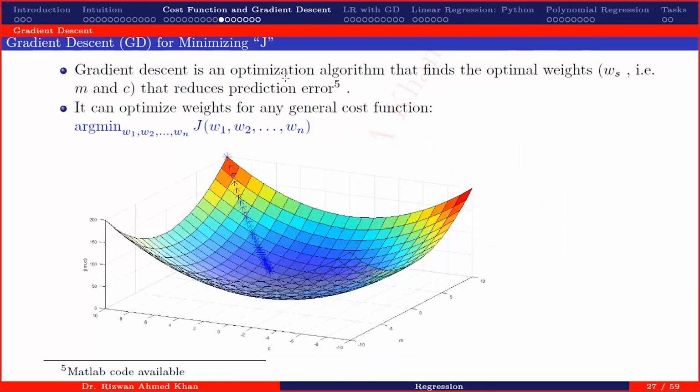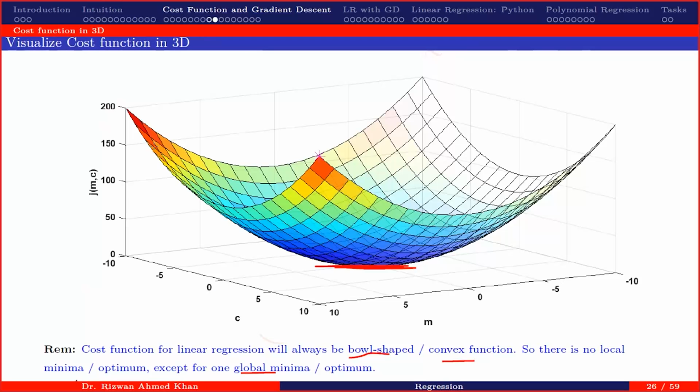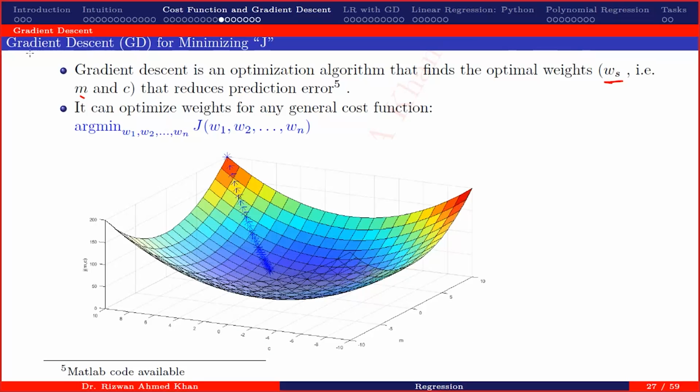So gradient descent is an optimization algorithm that finds the optimal weights W for m and c. That was the cost function, but we want to find weights for m and c so that we can find this value. For that we use the gradient descent algorithm, an optimization algorithm that will optimize this cost function which we have formalized previously.